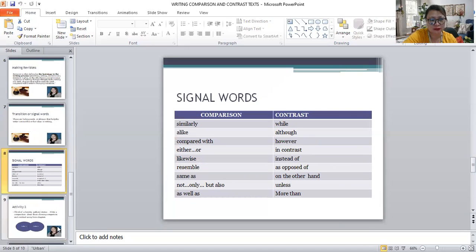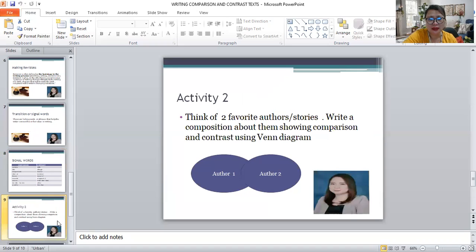Now I'll be asking you for an activity. Think of your favorite authors, or if you don't have any, your two favorite stories. Then write a composition about them, showing comparison and contrast using a Venn diagram. You may say something about your favorite authors. How are they similar and how are they different from each other?